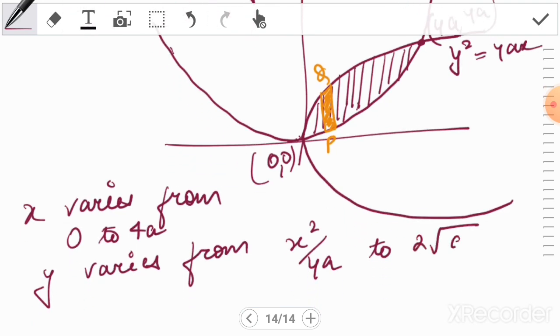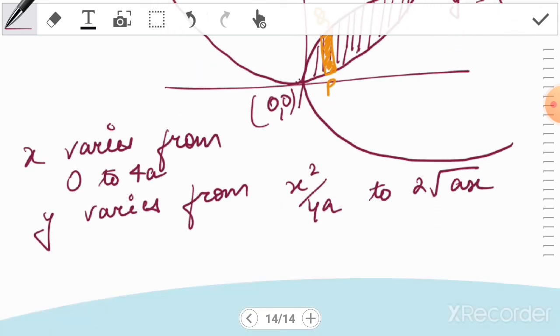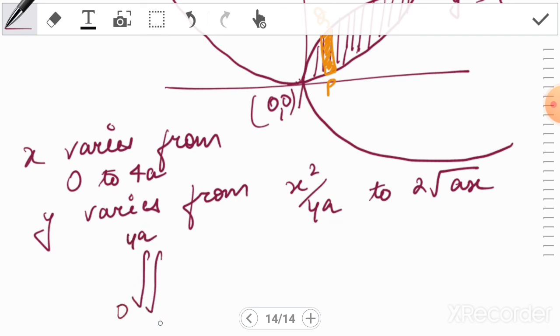So now we can write the required area as the double integral, 0 to 4a, x square by 4a to root under ax, dy dx.